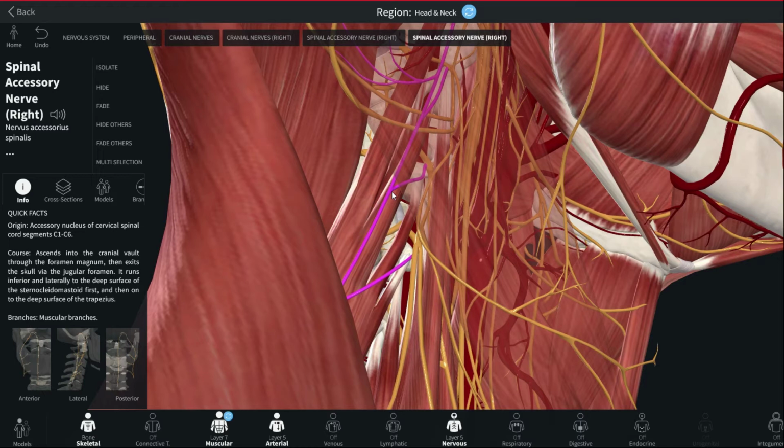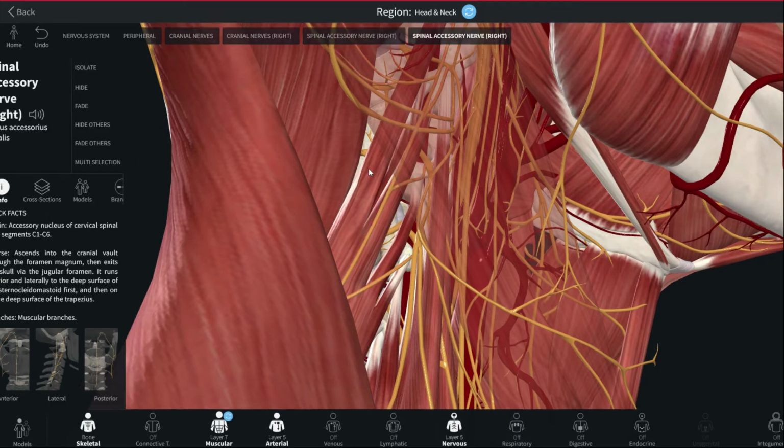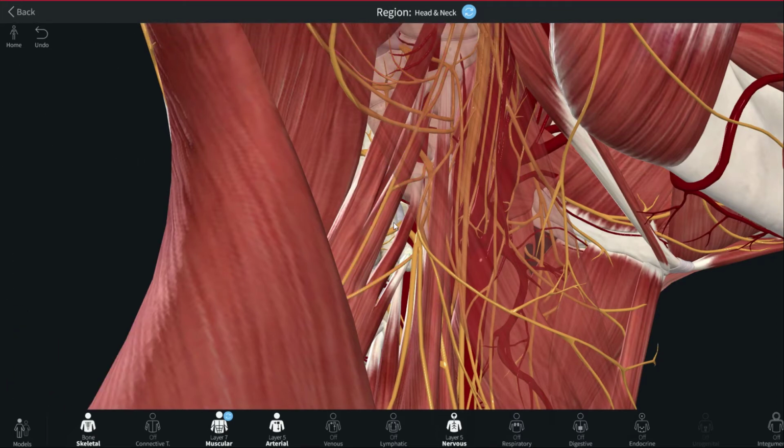Now, another thing let me talk about: the spinal accessory nerve. Do you remember that I talked about the fascial carpet, and I also talked about the roof of the posterior triangle?